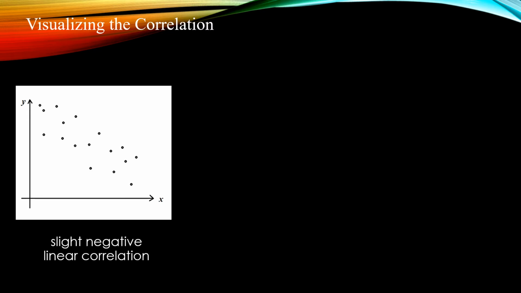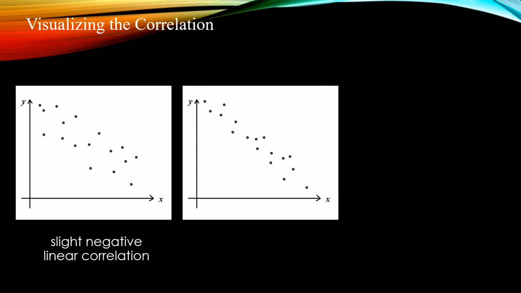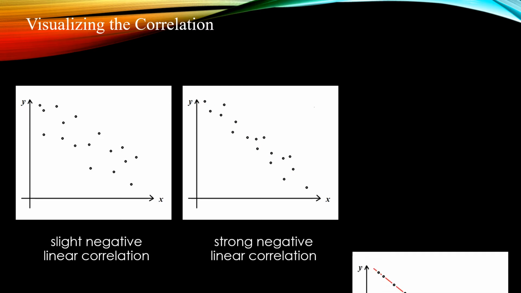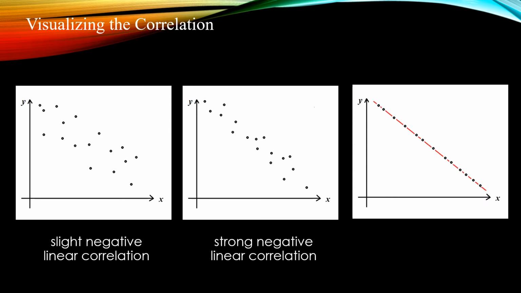So this would be a slight negative linear correlation, and when the data points have a smaller variation around that linear relationship, so if I have a straight line that would look something like this, that looks like we've got a relatively strong negatively sloped linear relationship. That would be called a strong negative linear correlation. And when all the data points lie exactly on that straight line with negative slope, that is called a perfect negative linear correlation.